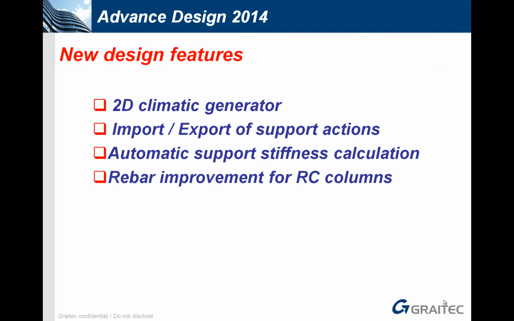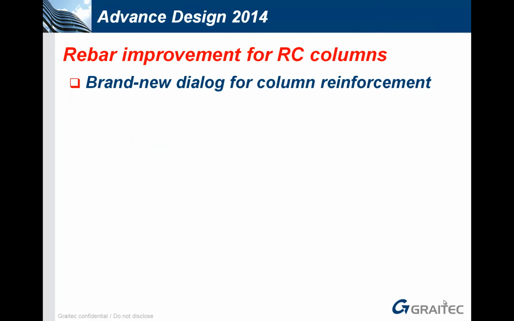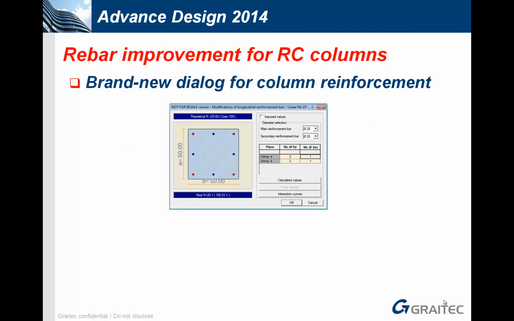So another new design feature is some big improvements on reinforcement for concrete columns. See, previously, this is the previous dialog. We didn't have so many options there. You could just define the main diameter, and that's it.